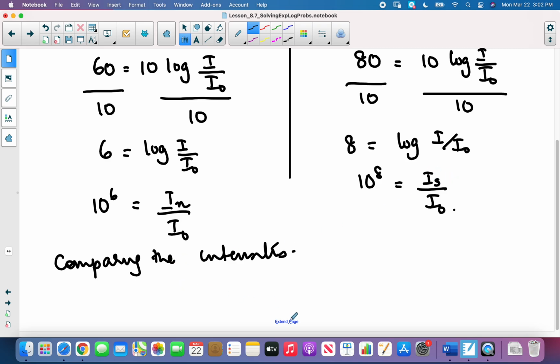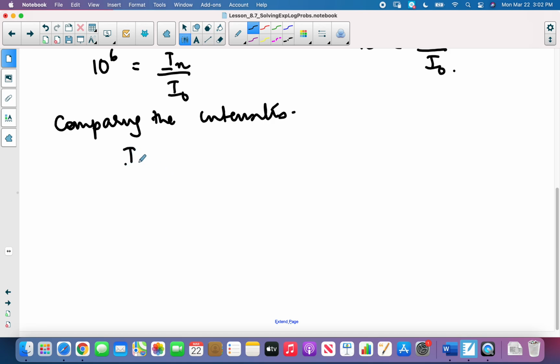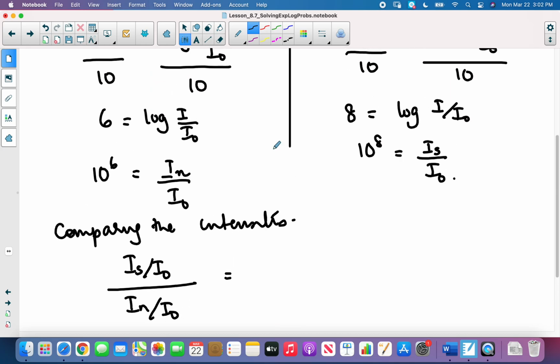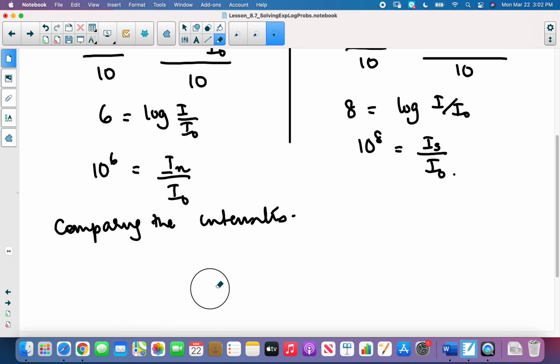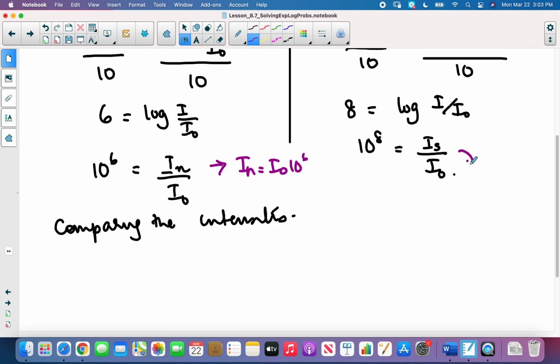To make it easier to compute, let's say IN equals I0 times 10 to the power of 6, and IS can be written as I0 times 10 to the power of 8.